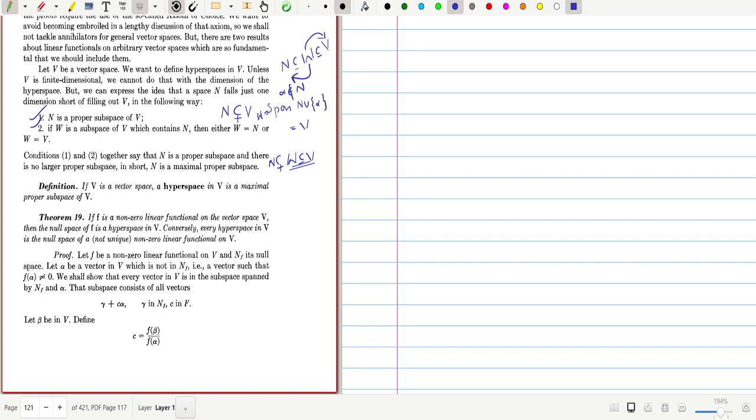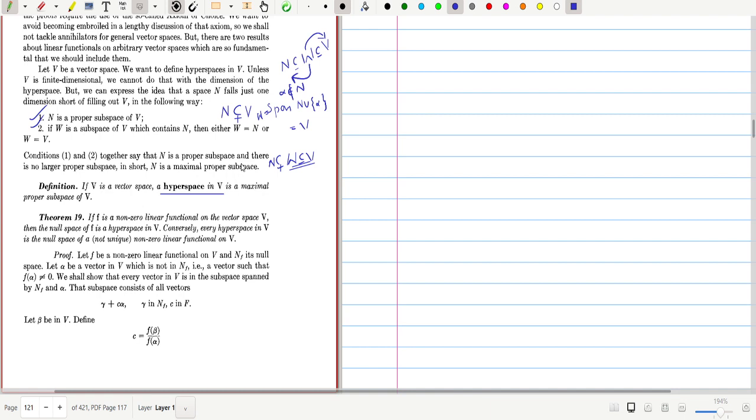Then this N is called the maximal proper subspace. If V is a vector space, a hyperspace is defined to be a maximal proper subspace. A subspace with these properties is called a hyperspace.